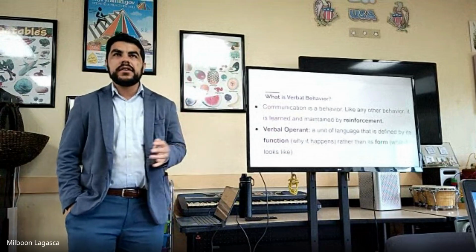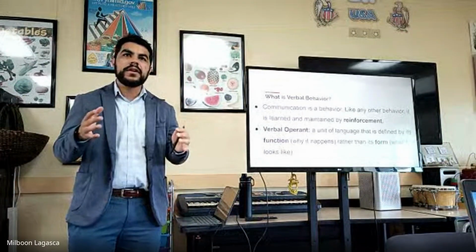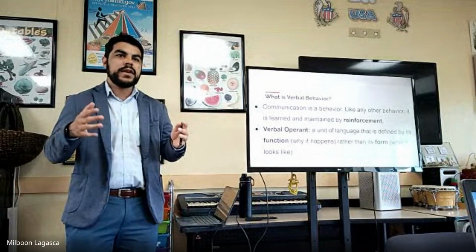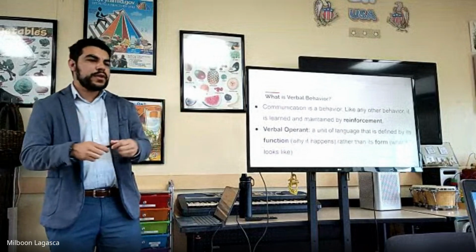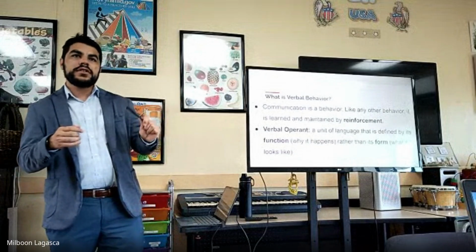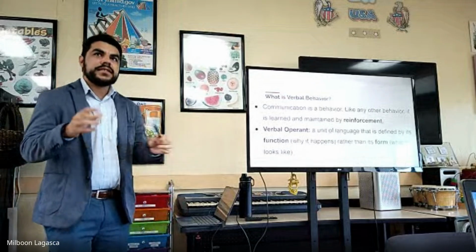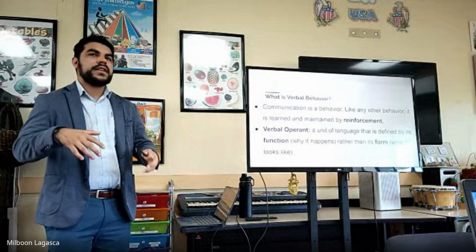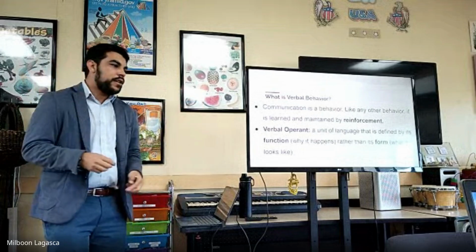If you guys recall a few weeks back, we looked at that one example where the client was engaging in loud vocalizations, and then we looked at how each one of those functions could serve for that particular behavior. If you think about the example, it was during bingo time, and the client was yelling out.